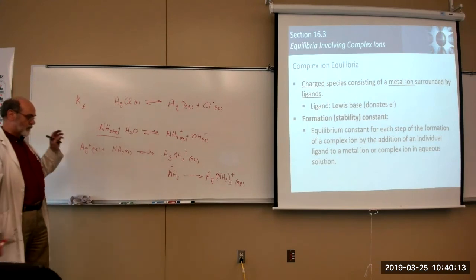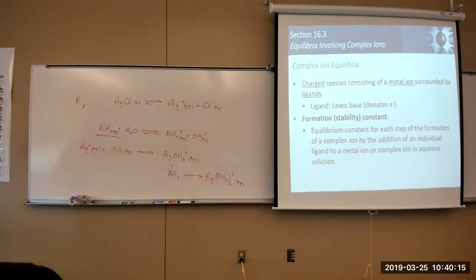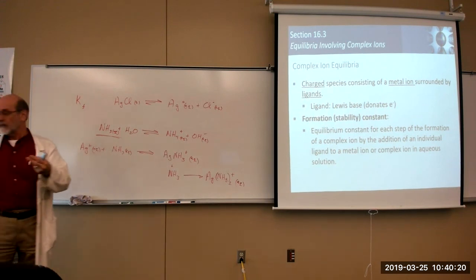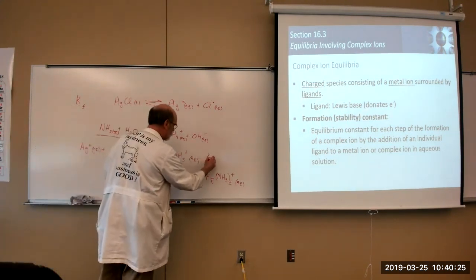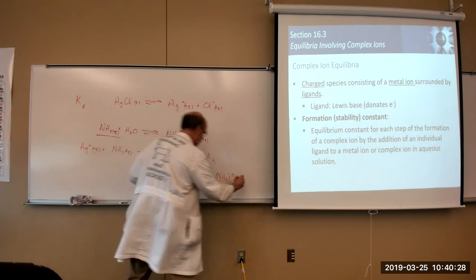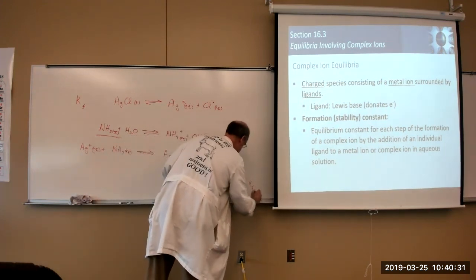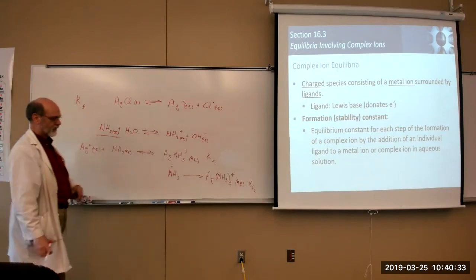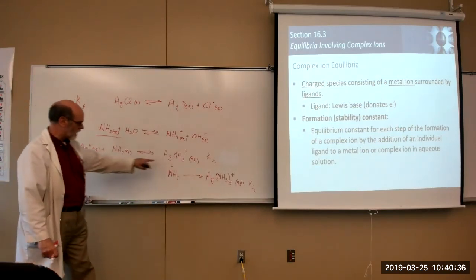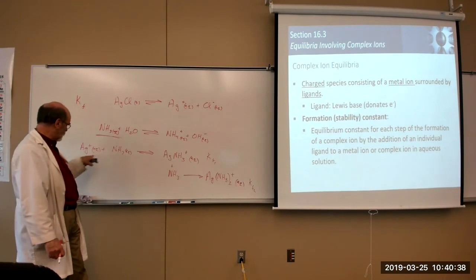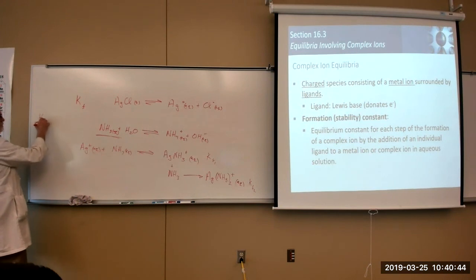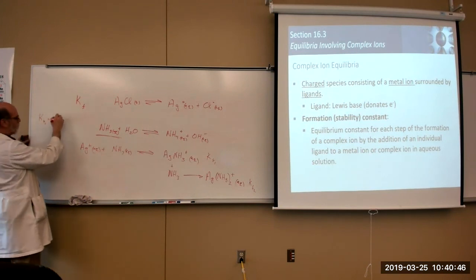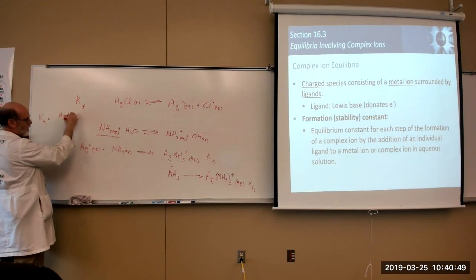Right? So it's kind of like the acid dissociation constant, which is one proton at a time. Each one of these steps has a K. So this one will have a K, and this one will have a K. And you just write this one divided by that one times that one as your K. So we would write, this is our complex ion.